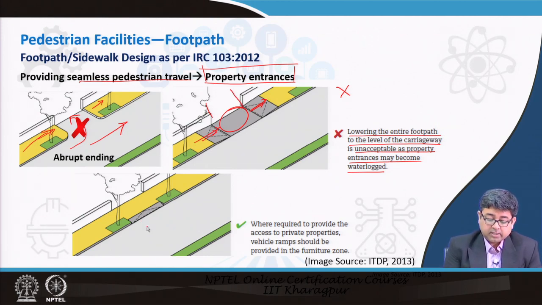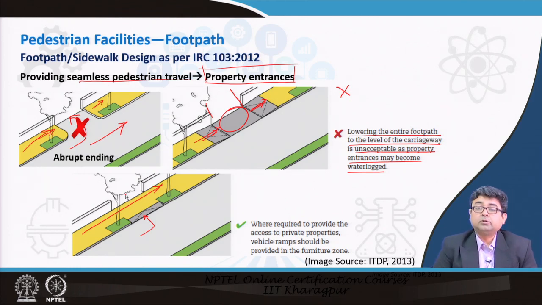Instead, what has to be done is there has to be a small slope up here provided for the vehicles, and also the footpath should be continuous, right. The footpath should be continuous here. There should be a small upslope that allows people to enter to access their home or property, and in this manner both the pedestrians and the vehicles are accommodated.